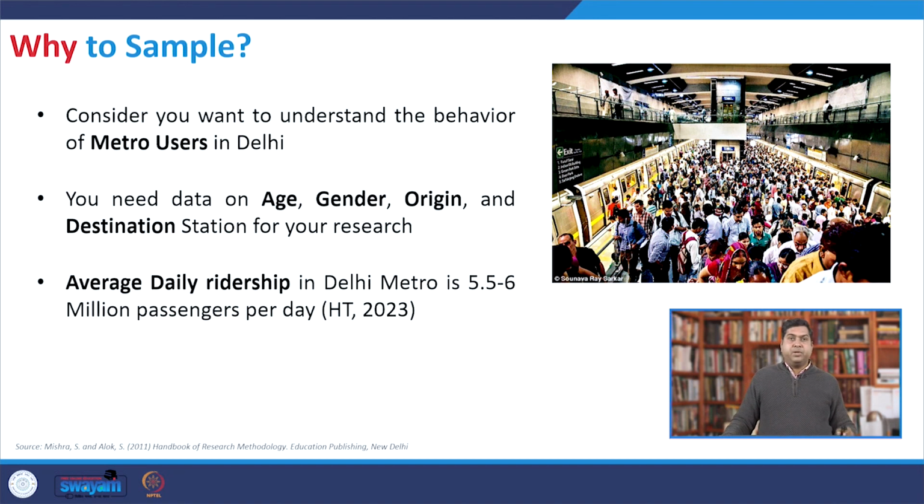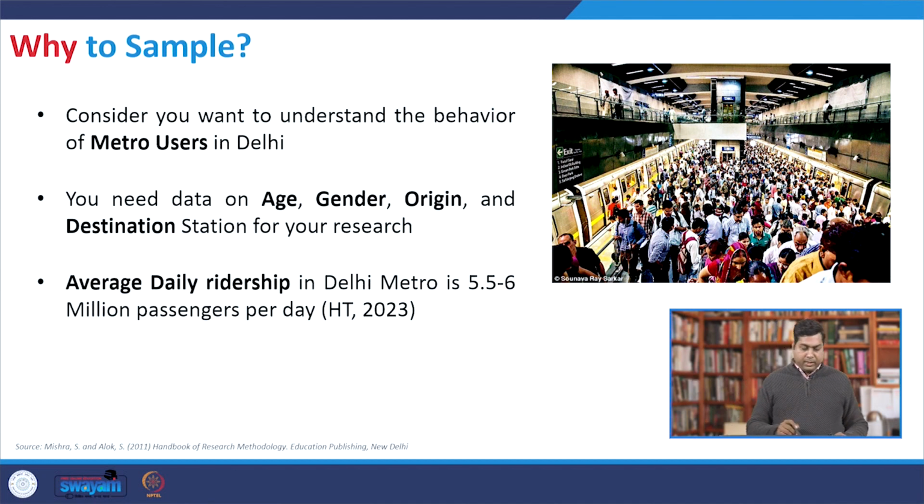Say for example, why do we sample? What's wrong with taking the whole population into account? First of all, it is very difficult, because in such cases you cannot take responses from so many people if your study is based on that.